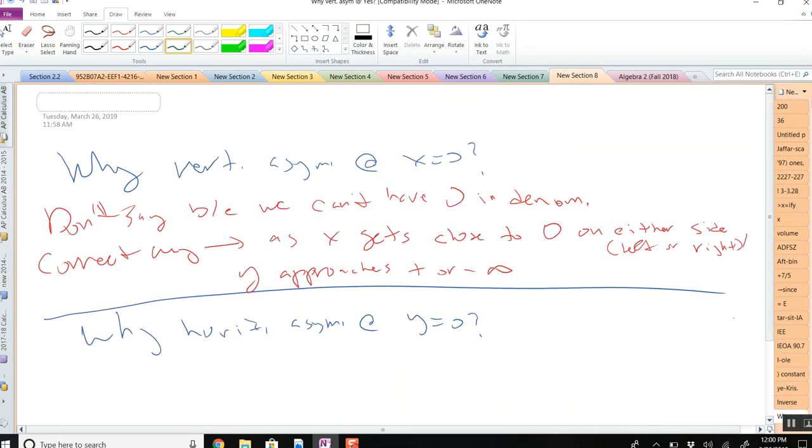Now, for horizontal asymptotes, don't say because y can't equal 0, because actually it could for some cases.